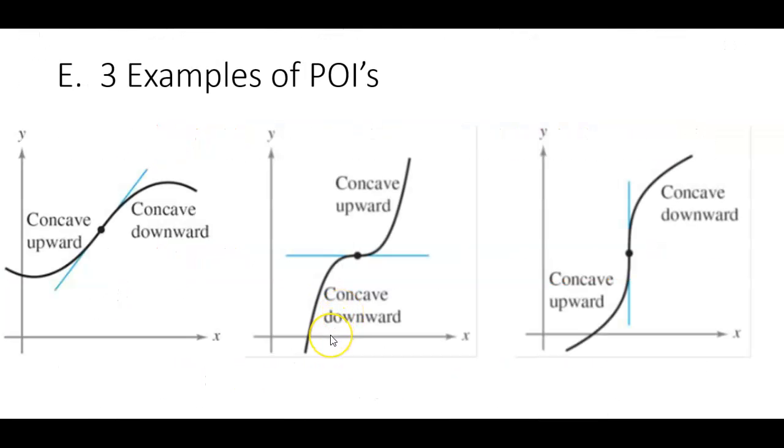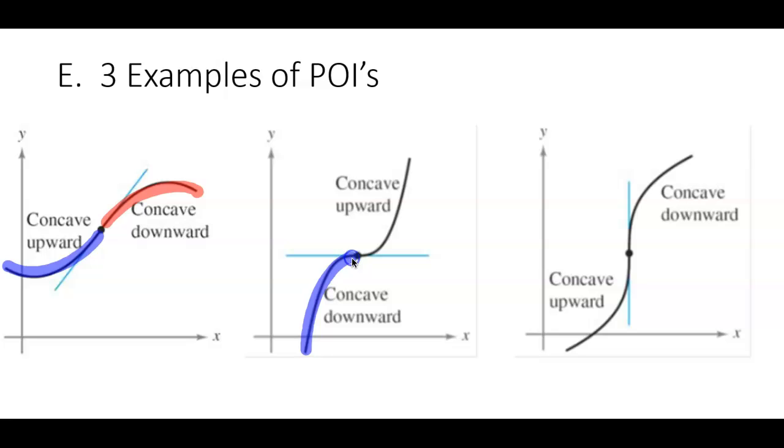So here's some examples of points of inflection. As you can see, from here to here is concave up, whereas from here to here is concave down. And so that point where I've got my little tangent line is the point of inflection.